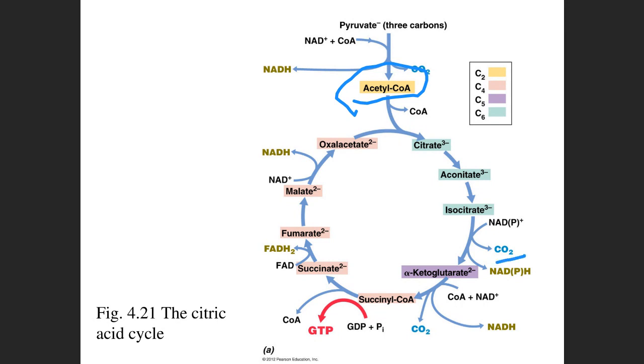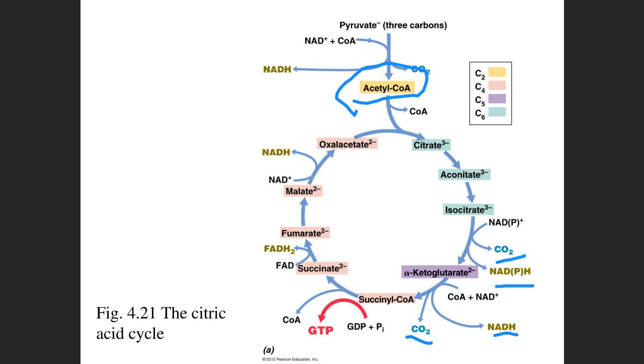Well, what's coming out: CO2, NADH, and CO2. So acetyl-CoA is a 2-carbon molecule. By this stage, the 2 carbons are already completely burned into CO2, right? But there's still more energy to be gained from this flow.